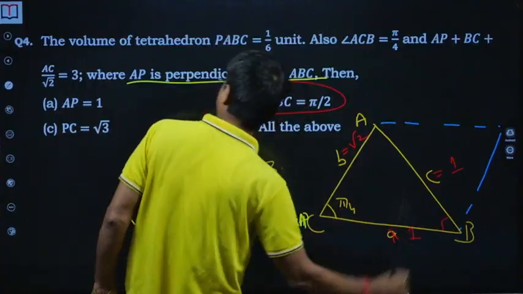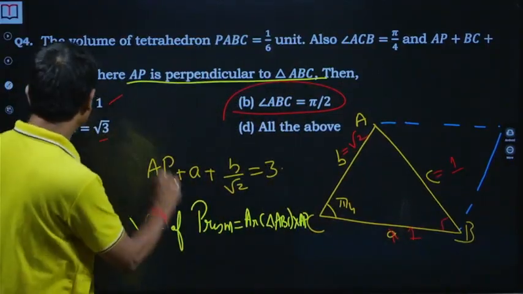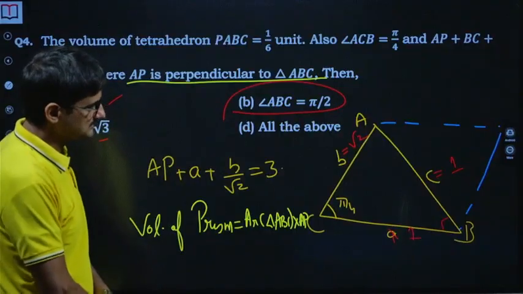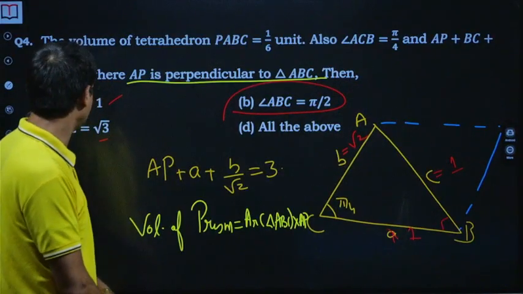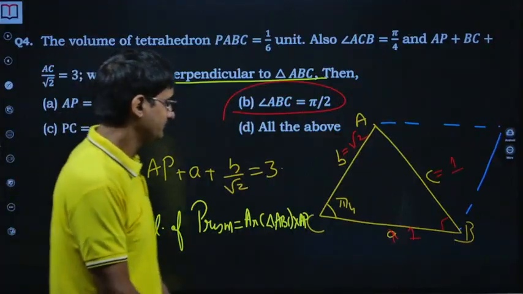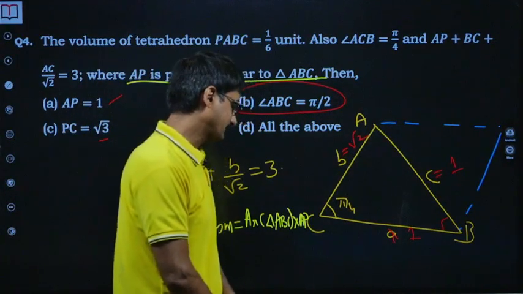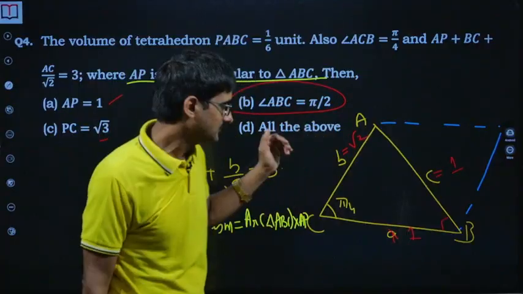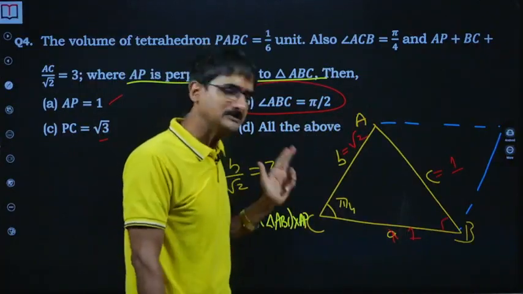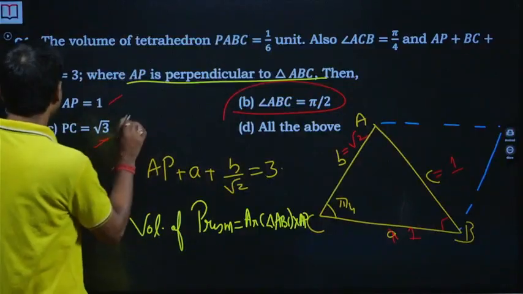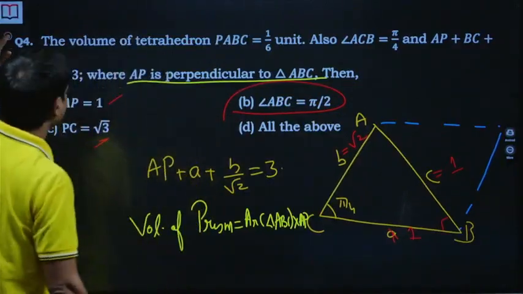So this is pi/2, this is 1, and PC, I don't think we can determine PC. Okay, we can. This is root 2, this is 1, so PC will be root 3. So this one is also correct. So A, B, C all are correct, right?